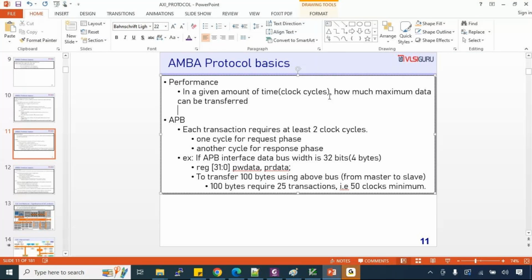If I start with the APB protocol, it gives me the lowest performance. Why does it give the lowest performance? Let's try to understand. In APB, for each transaction, let's go back to the APB diagram.